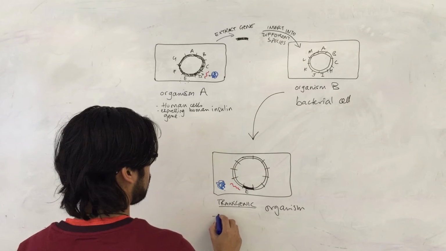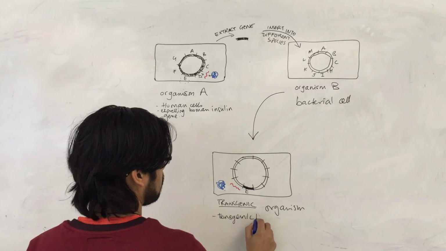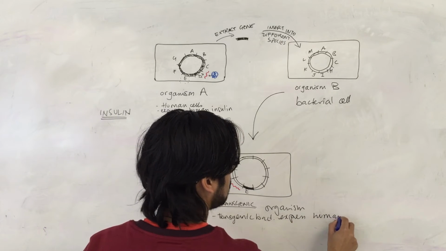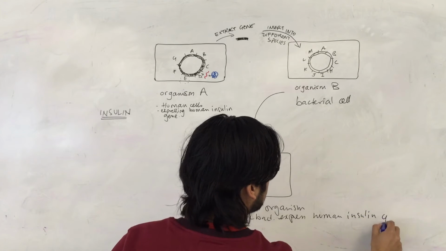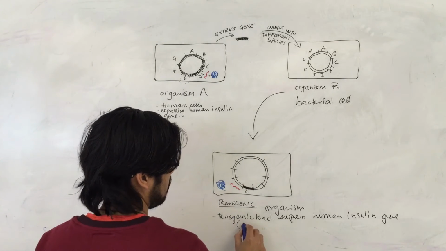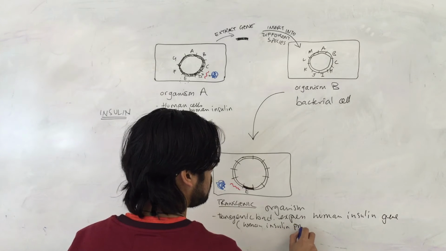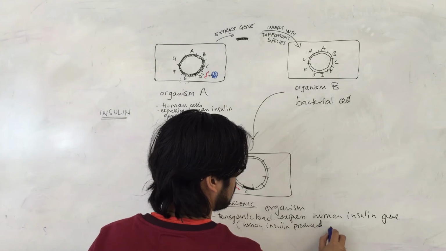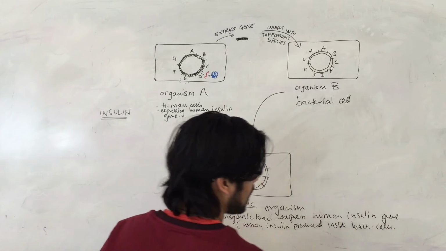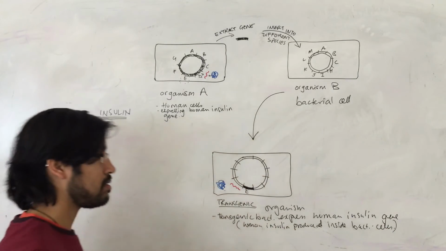So transgenic bacteria now express the human insulin gene, and in very basic terms that means human insulin is produced inside the bacterial cells. This is just another, less scientific way to say that.